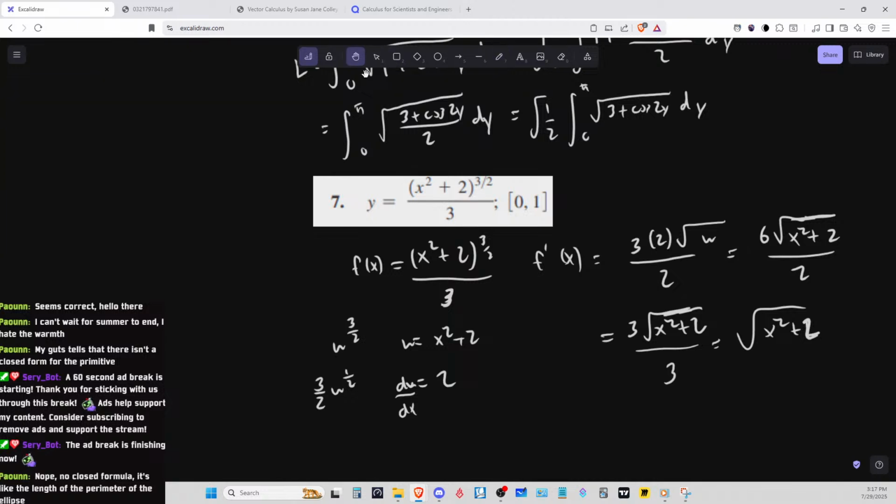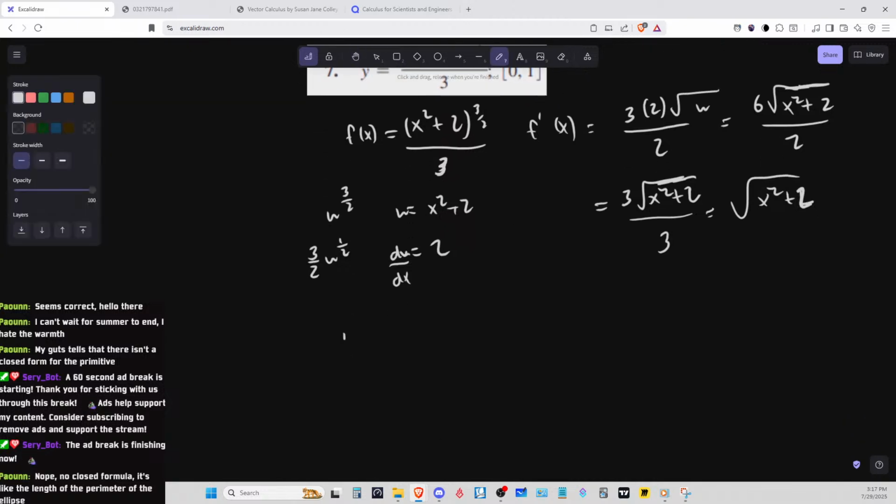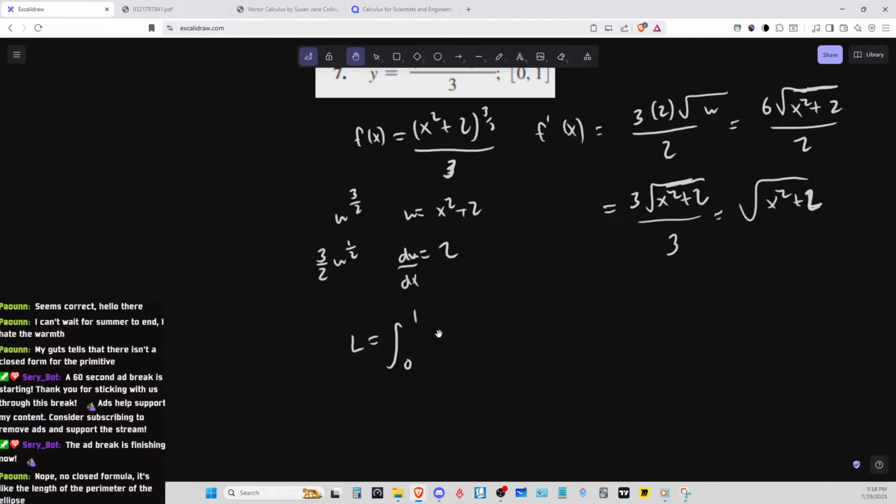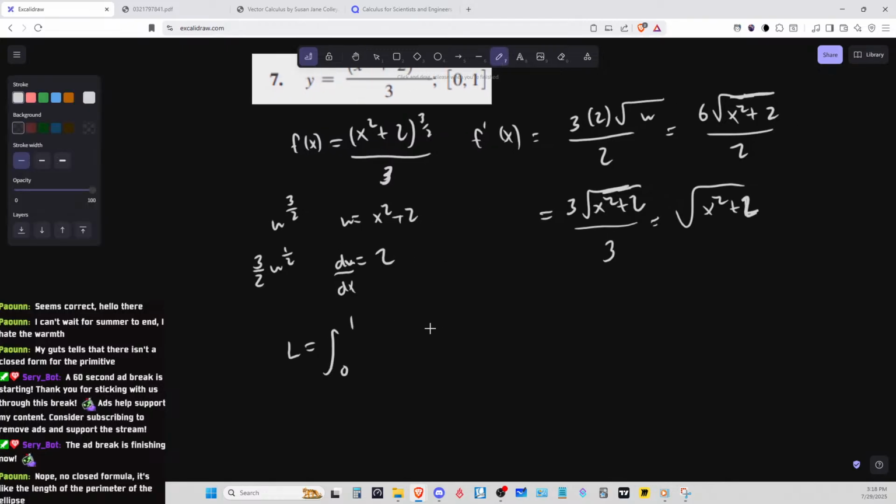Now the length, and we have it from 1 to 0, right? Yeah, 1 to 0. Then we have the integral of square root of 1 plus, dx, which gives us 1 plus x squared plus 2.